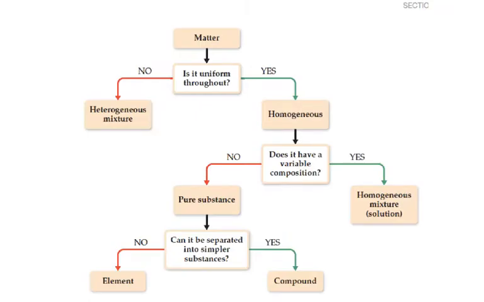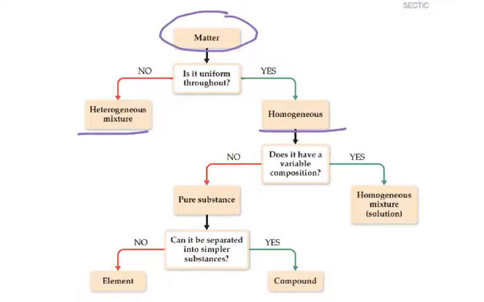Now we move to a little chart here just to summarize this information. So we start with matter. Matter we'll break down to heterogeneous or homogeneous. Heterogeneous will always be a mixture. That's based on, is it uniform throughout? Homogeneous then can be two things.